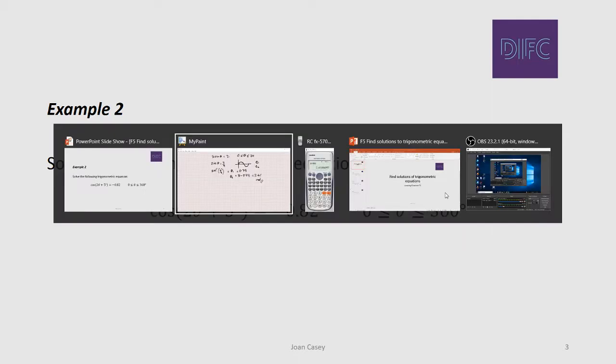Okay, so we'll take a look at this problem, and I'll just clear the page a bit. So this one, we're given cosine of 2 theta plus 5 degrees. And we're looking for all values of theta lying between 0 and 360 degrees. Now notice that we've got cosine 2 theta, which should double the amount of solutions we're looking for.